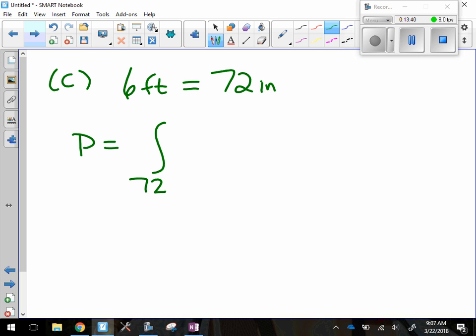So what's a reasonable upper limit for my integral? It's taller than 6 feet. You can't really. Infinity would be, yeah, no. I'd go a little higher than 7 feet. Sure. Okay, and 10 feet would be what, 120 inches?